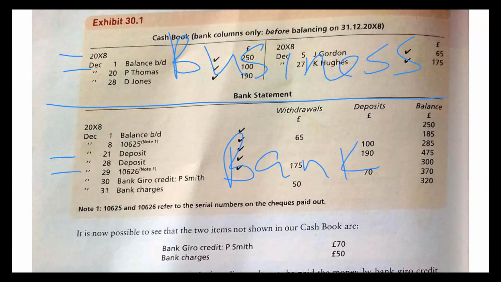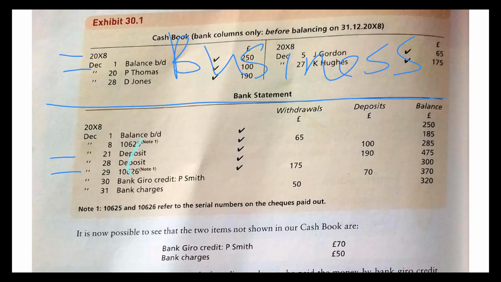When that happens, you need to do what is called bank reconciliation, trying to update your cash book. That is to make sure that all the records in the bank statement also appear in your cash book, and the records in the cash book also appear in the bank statement. That is the whole idea of a bank reconciliation statement.